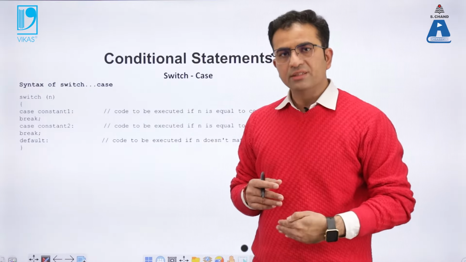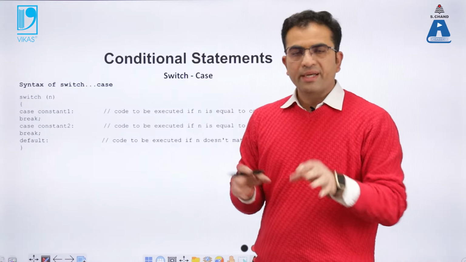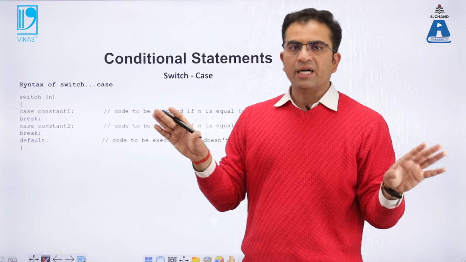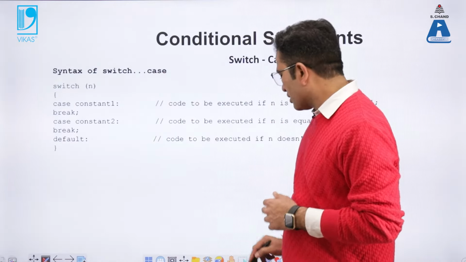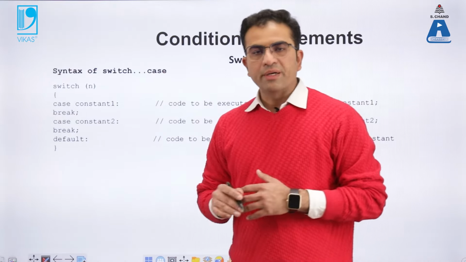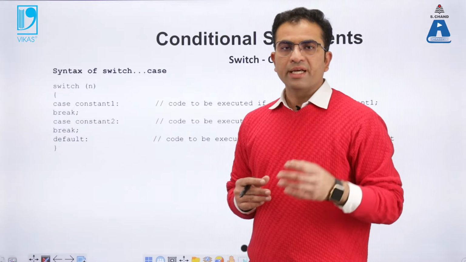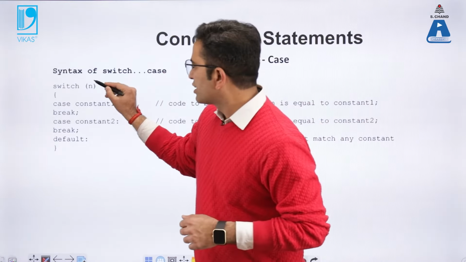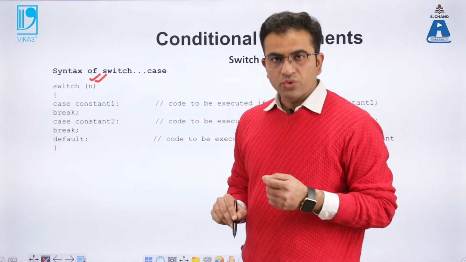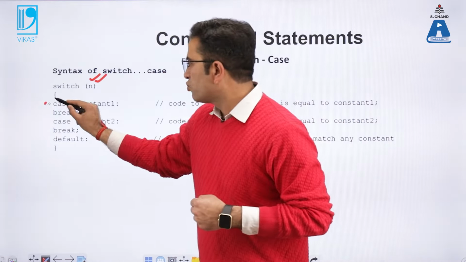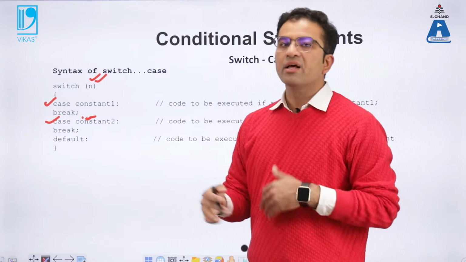There are lots of cases. Whichever particular case we want to activate, only that case will activate and the other cases will remain untouched. So in switch case we have to give the choices. This type of conditional statement works when we need to give choices and the particular choice has to be executed. In switch, we write the value of the choice we want to activate, then case 1, case 2, case 3, case 4, case 5 and so on.